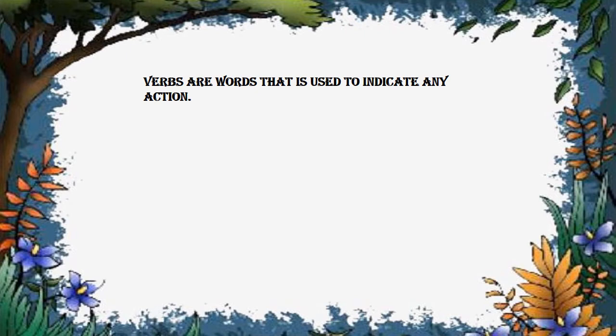So already you know what is the definition of verb, isn't it? Verbs are words that are used to indicate any action. The key word here is any action. Words that represent any kind of action are called verbs. This already you know, isn't it?